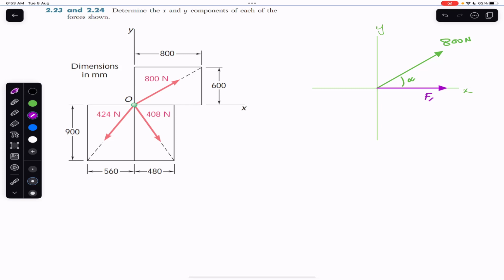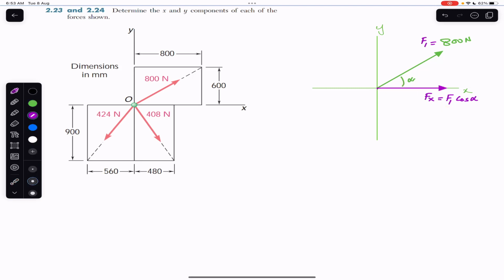Let's say this is f1. So f of x will be f1 cos of the angle made with the x-axis, so that is cos of alpha. Since the angle is made with this f of x component, this f of x component is adjacent to the angle, so this is the cos component.